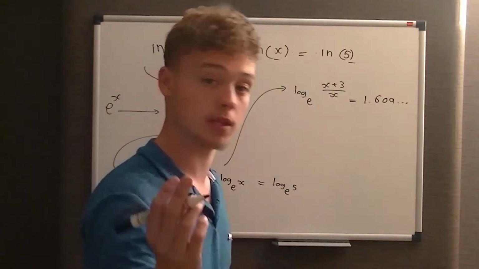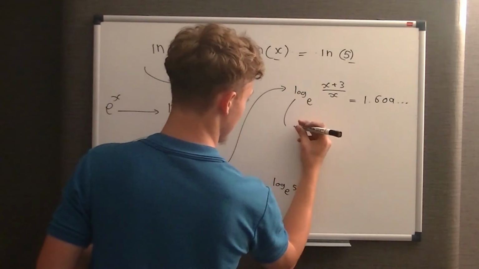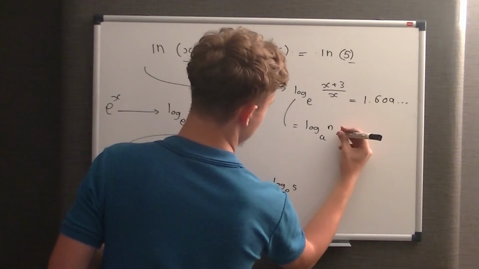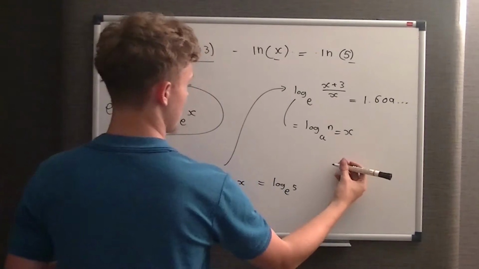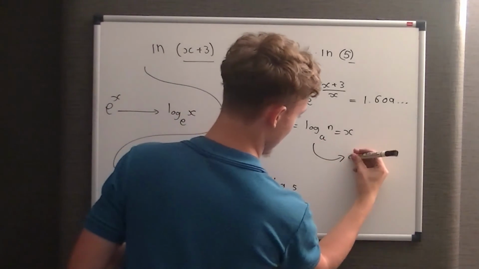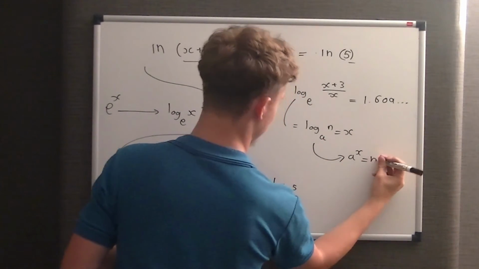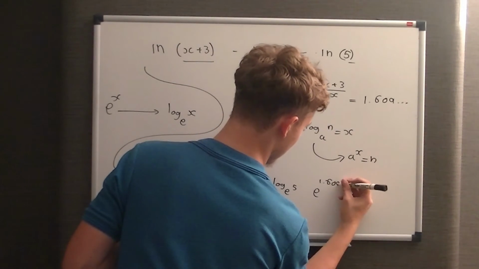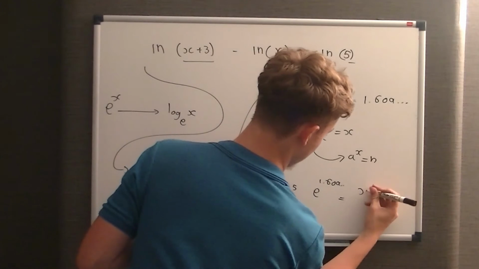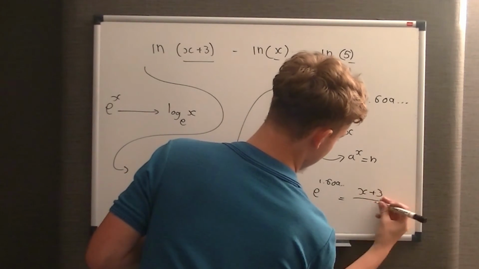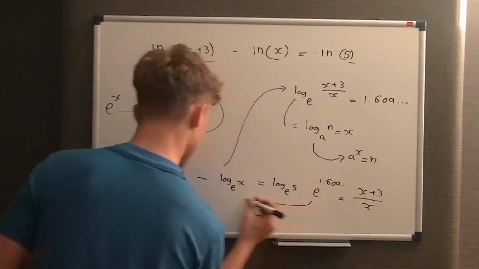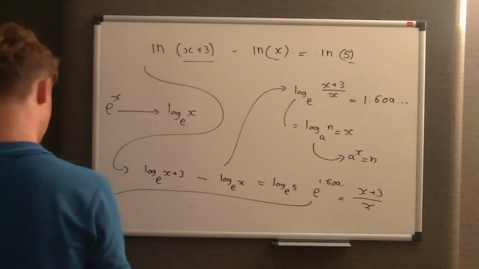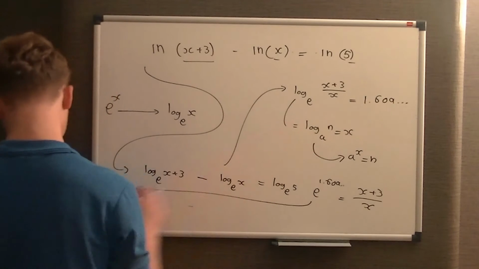And now you should know, this is standard. That is equal to log a n equals x, because a to the power x equals n, so e to the power 1.609 is equal to x plus 3 over x. So if we take this back across here, we do e to the power of that.